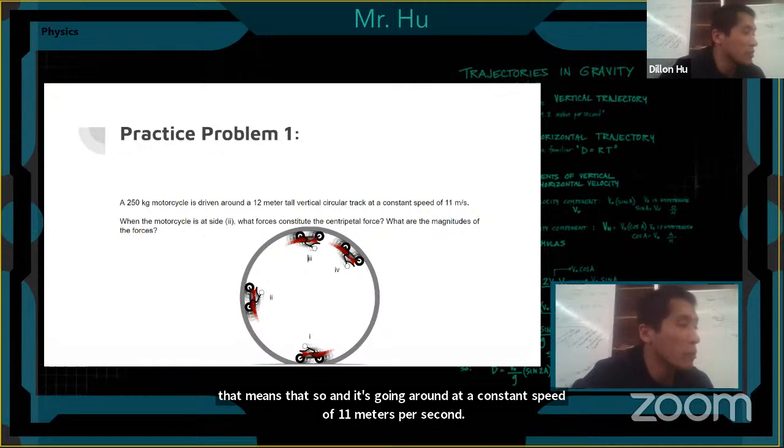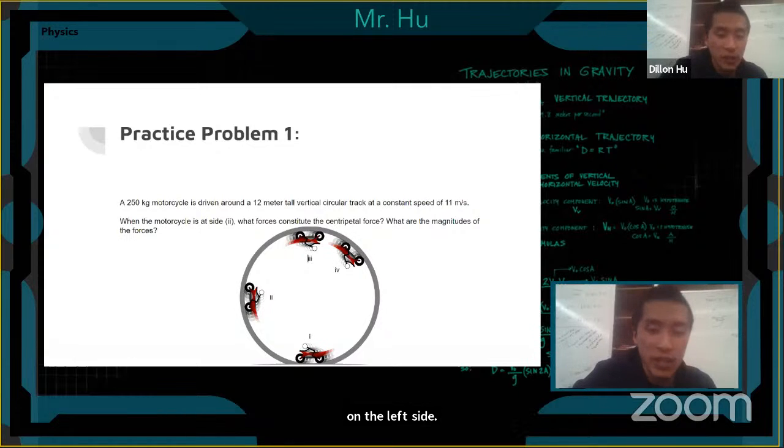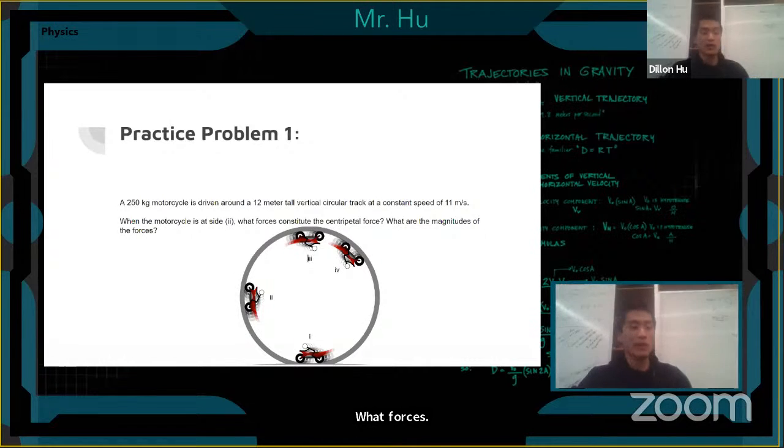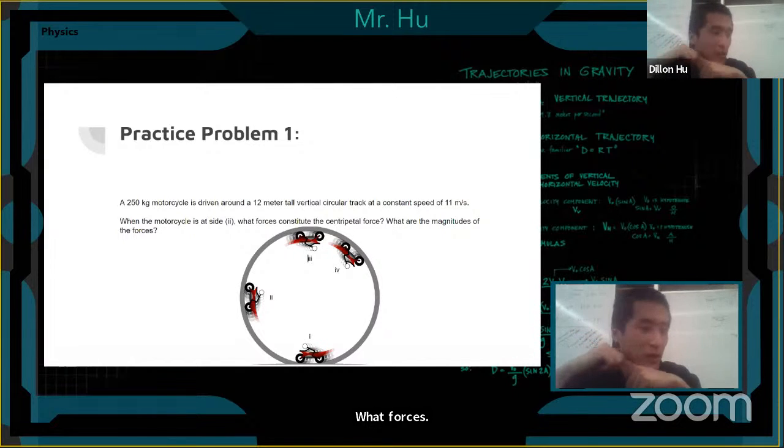When the motorcycle is on the left side, what forces constitute the centripetal force, and what are the magnitudes of the forces? You want to identify what force is contributing to the centripetal force here, and the magnitudes of the forces involved.